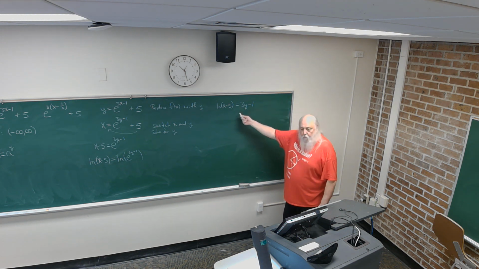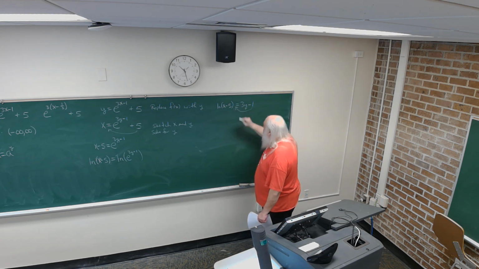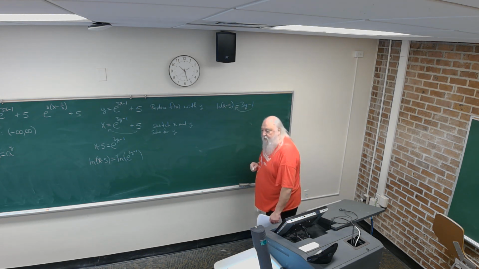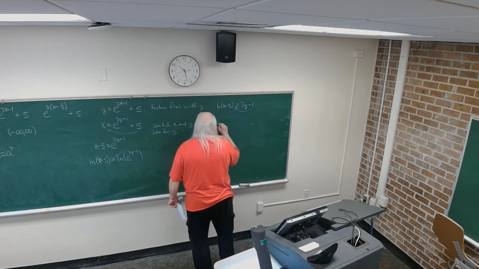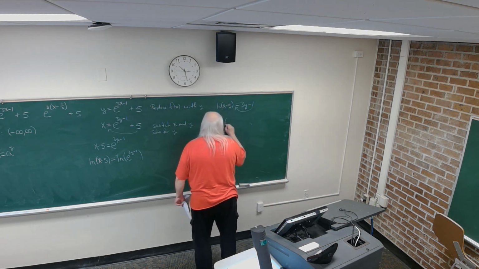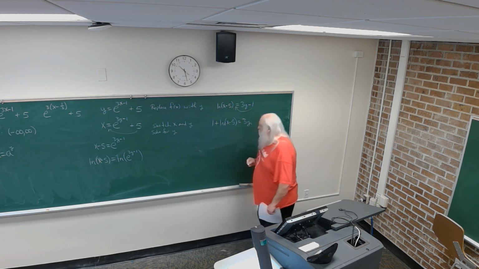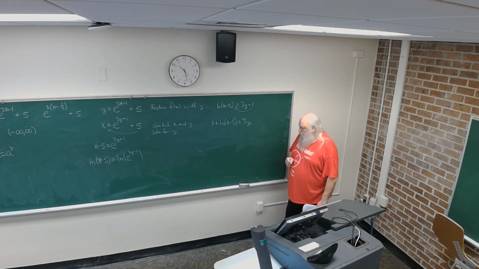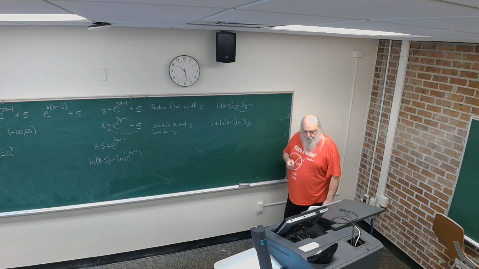And now we're solving for y. So we can add 1 to both sides. Move the minus 1 to the right-hand side by addition. And I like to put the 1 in front of the natural log so I don't confuse it with the argument going into the natural log.